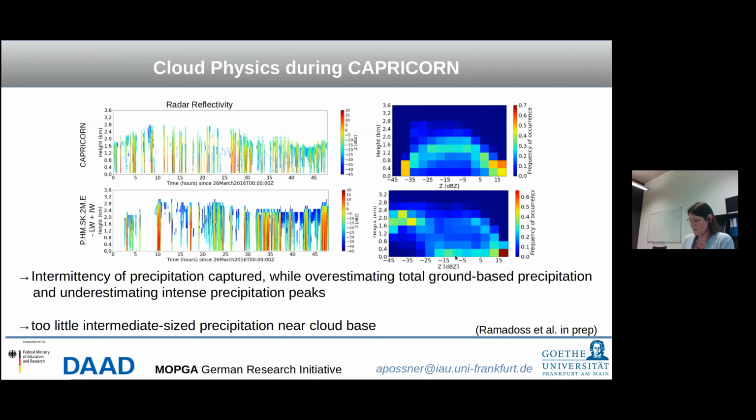So there are biases within ICON, how it's forming and where it's maintaining precipitation within the cloud or near the surface, that we can analyze with this type of modeling framework.